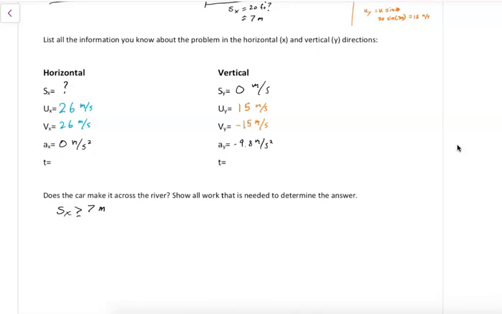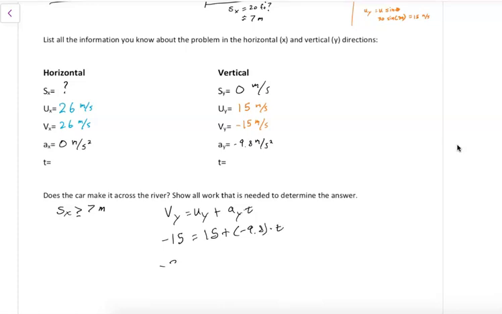I don't like s equals ut plus 1/2 at squared because then that turns into a quadratic. So I'm going to go with the basic v of y is equal to u of y plus a of y times t. v of y is negative 15, u of y is 15, and a of y is negative 9.8 times t.